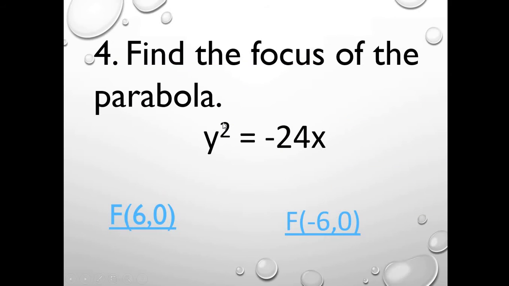Find the focus of the parabola y squared equals negative 24x. This is a parabola that opens to the left, right? So, what about the focus? Is it at 6 or negative 6? Anybody from the group?